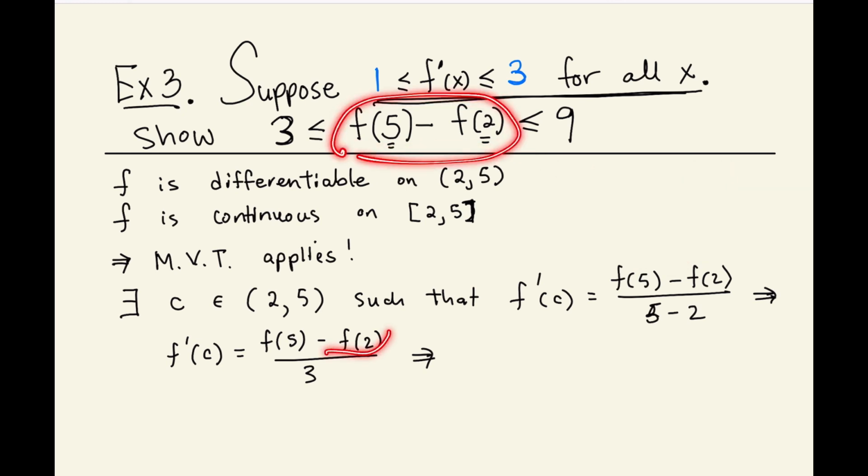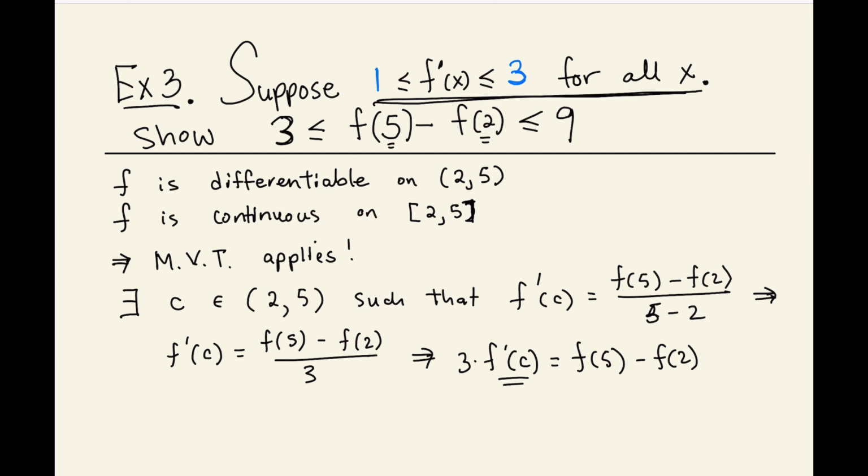That's really what we're looking at, so I'm going to keep these together. I'm not going to solve for f of 5 or f of 2 individually, because my question is about this difference, the growth in my function, the change in my function value. So instead, I'm just going to solve for it. I have that 3 times f prime of c is equal to f of 5 minus f of 2 for some derivative.